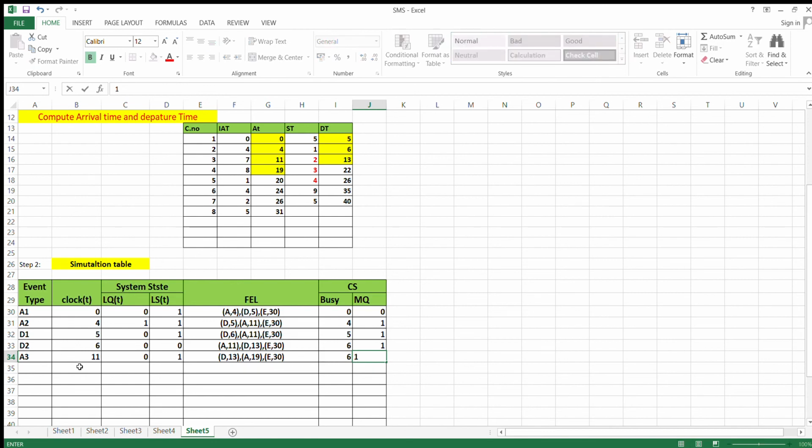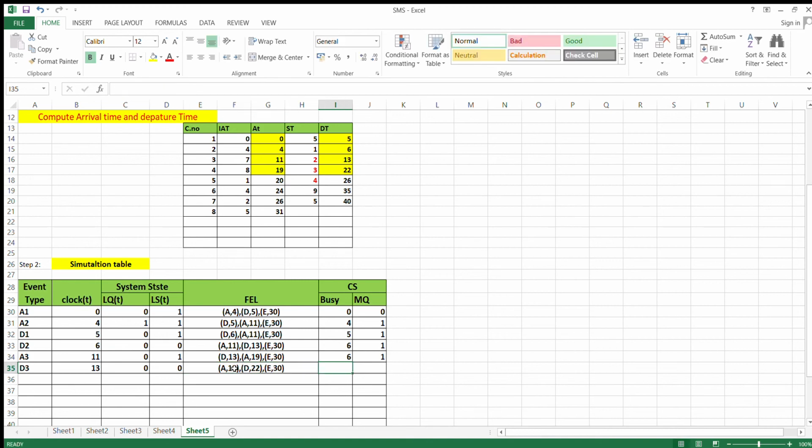So the minimum value is 13. Update clock 13. Write the event as departure D3. So 0, 0. We remove the departure, which means we add the next departure. So write A19, D22, E30.